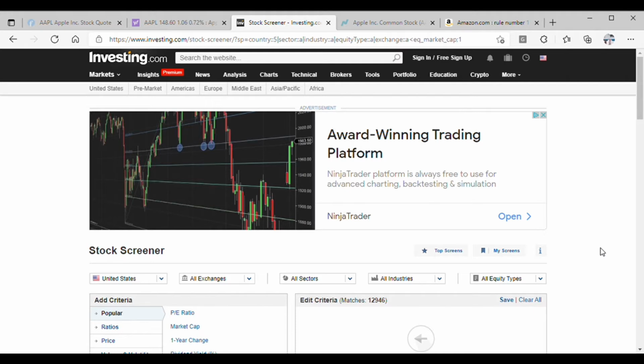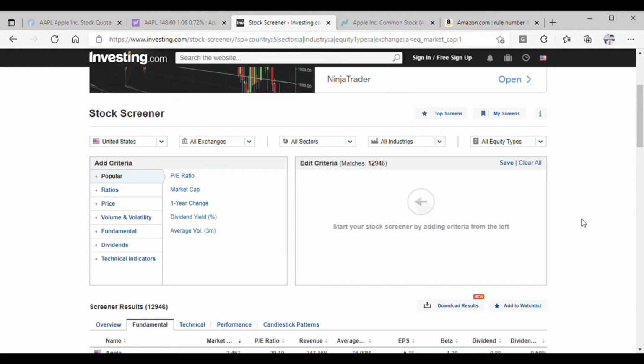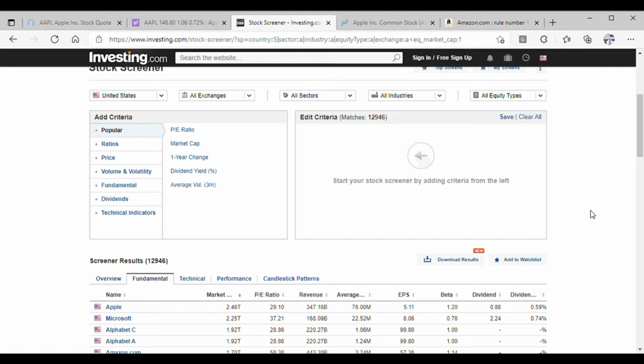One of the places you can find fundamental analysis for a company is by going to this website that I like called Investing.com. You can go to that website and scroll down to a section called Stock Screener. When you click on the Stock Screener, you can just type in any particular company, or they actually have them listed in alphabetical order.